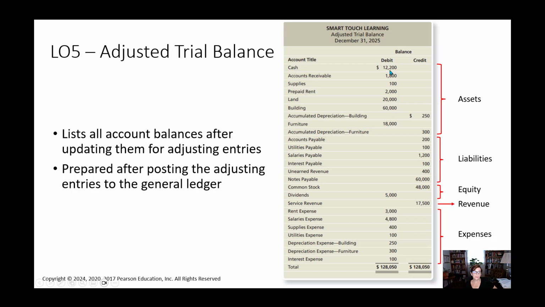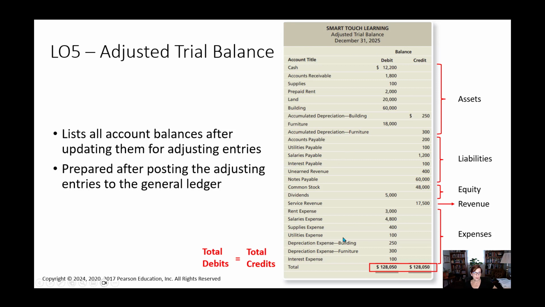So of course cash is always first. Now remember, cash wasn't adjusted, right? Cash is the same number that it was on the unadjusted trial balance. So here are all of your assets, followed by liabilities, followed by equity, revenue, and expense. And of course, your total debits have to equal your total credits.